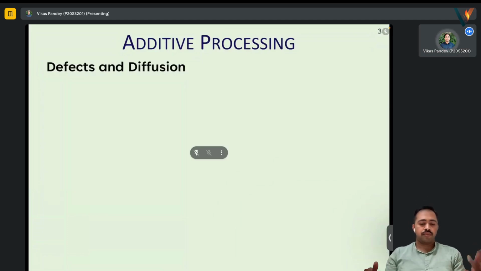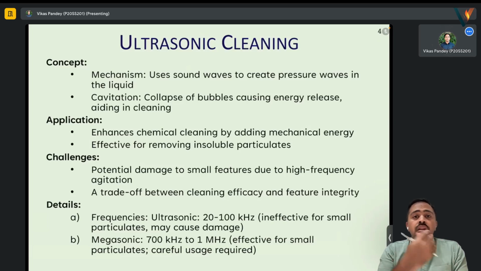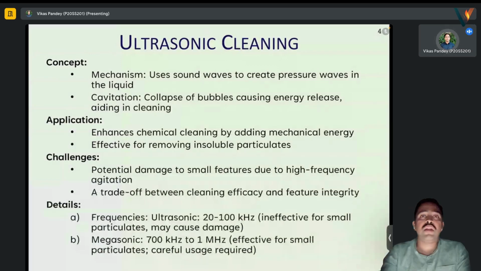In addition to piranha, RCA1 and RCA2 cleaning, there are some other processes that are also used and are very frequent in micro and nanofabrication.